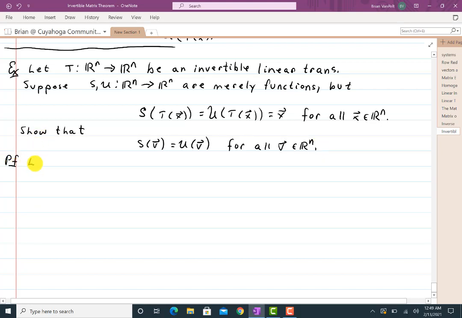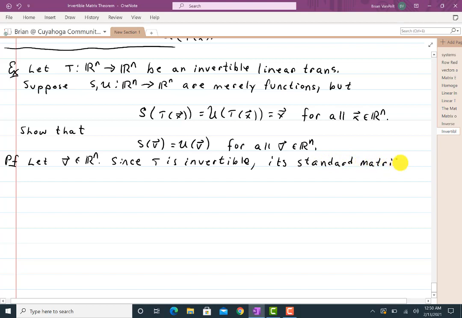Proof. Let v be in Rn. So I'll have that hanging around while we're doing it. Since T is invertible, its standard matrix is invertible. Okay, so we know that already.